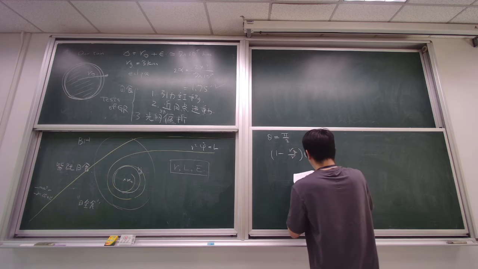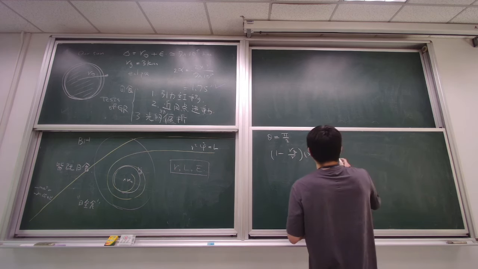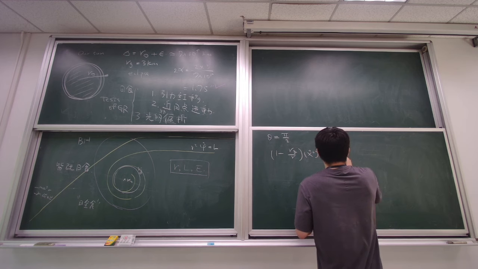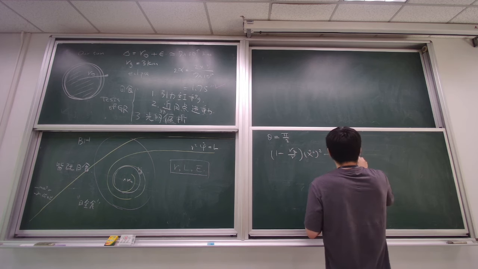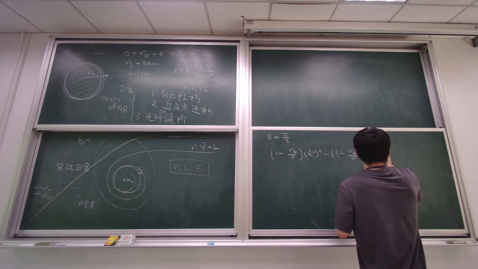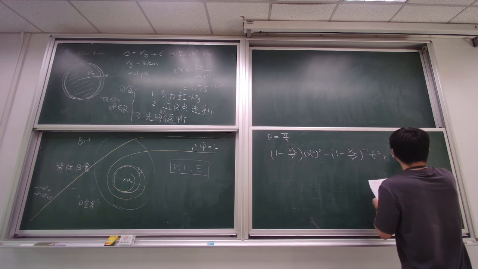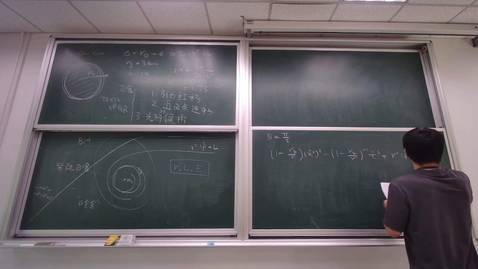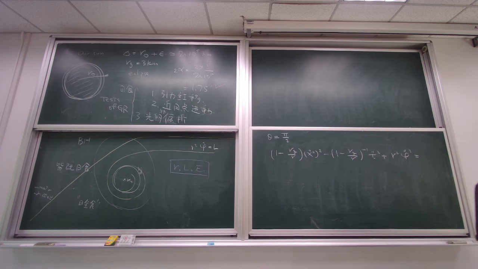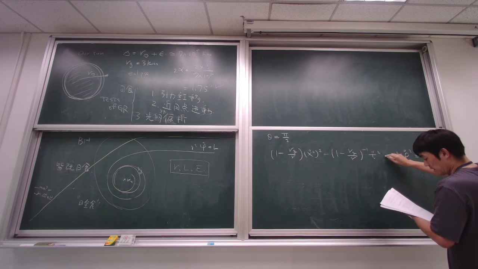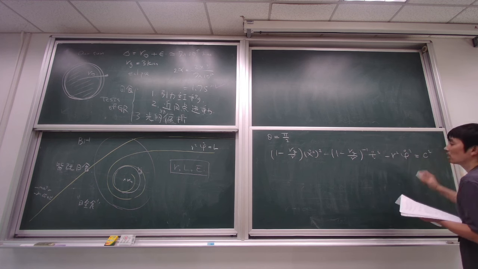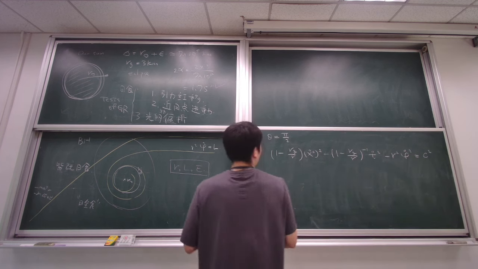So it's minus (1 minus Rg over R) inverse t dot square plus r square phi dot square is equal to, sorry, this is a minus sign, minus c square.